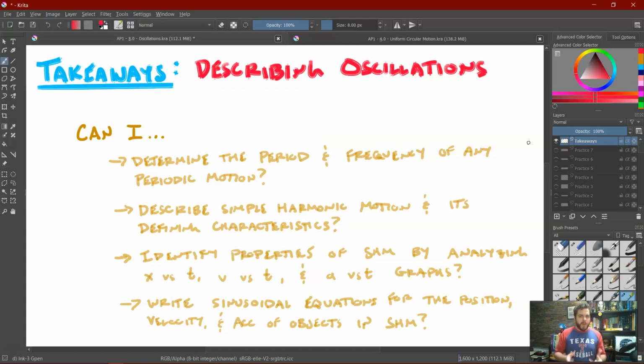Can we identify properties of simple harmonic motion by analyzing an x versus t, v versus t, or a versus t graph? AKA, could we figure out its amplitude, its maximum velocity, its maximum acceleration? Can we figure out its period, its frequency, etc.? And can we write sinusoidal equations for the position, velocity, and acceleration of objects that are in simple harmonic motion, just like we've now done a couple of times?